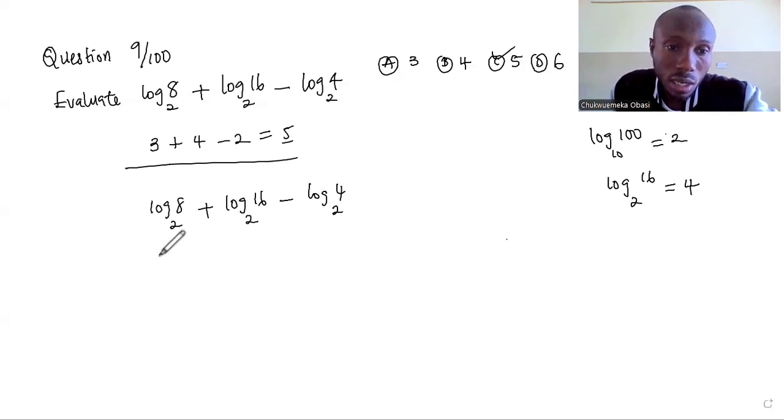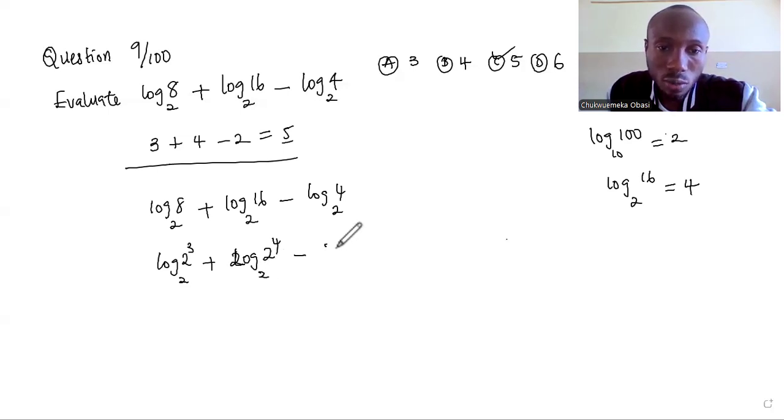So 8 can be written as 2 to the power 3, 16 is the same as 2 to the power 4, and 4 is the same as 2 to the power 2, all with base 2. Remember, from the laws of logarithm, all these powers can come to the front. So we have 3 log 2 base 2 plus 4 log 2 base 2 minus 2 log 2 base 2.